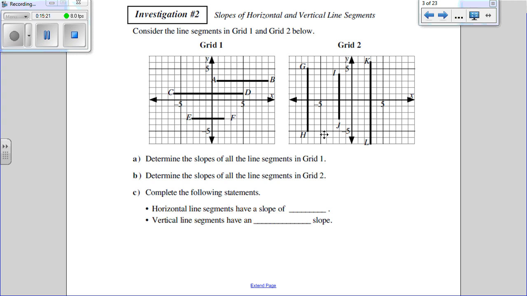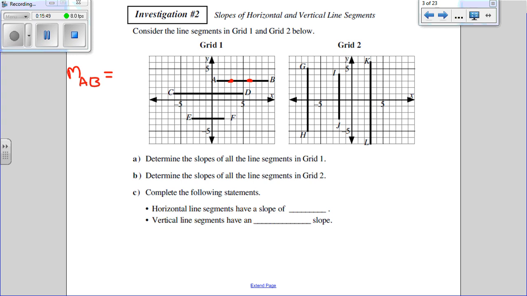There's a lot of perfect points here. I'm just going to pick those two. And then say, okay, if you want to get the slope of AB, so M of AB, that's what that means, slope line A to B. I need to calculate the rise. From the left point to the right point, how many up do I have to go? 0. It goes 0 up.